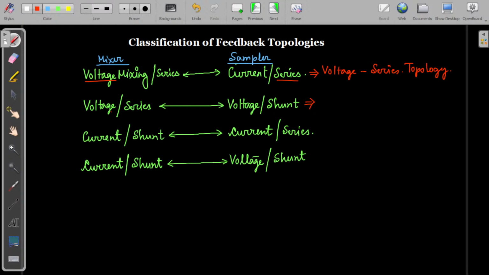So I am writing the names: voltage shunt topology, the third one is the current series topology, and the fourth one is the current shunt topology. Okay, so these are your four topologies.